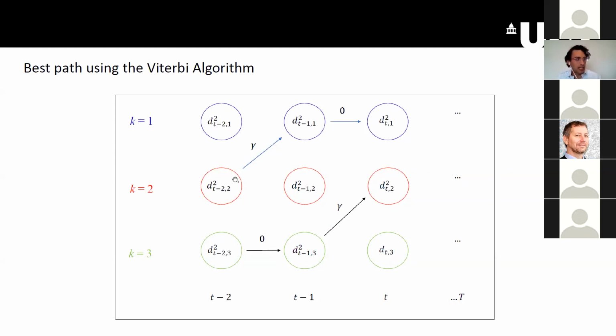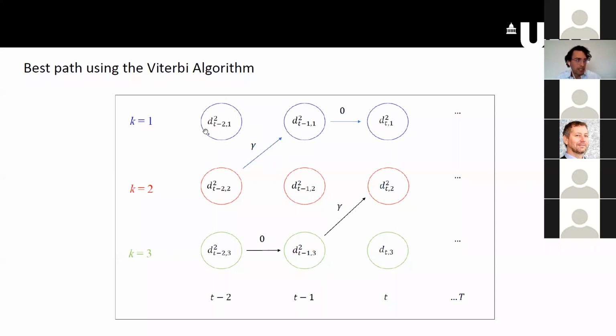This is, as I said, a computationally very inefficient task, because you would be supposed to compute all the possible paths, so all the possible combinations of assignments, which very easily gets unfeasible.